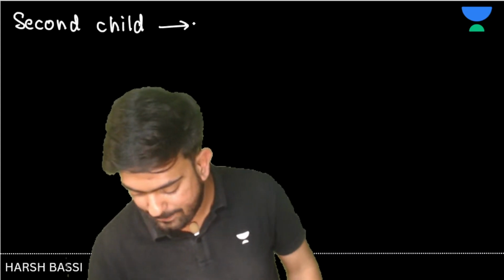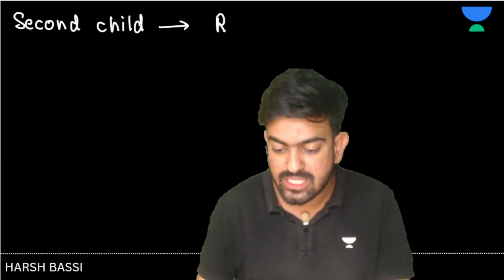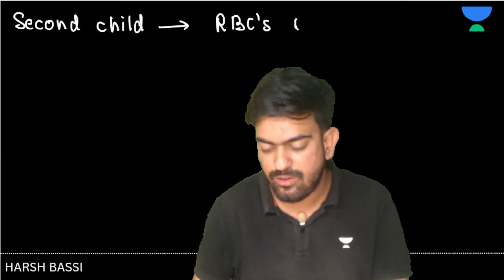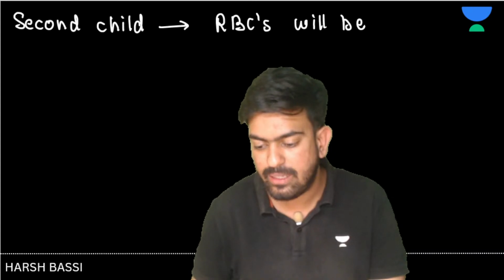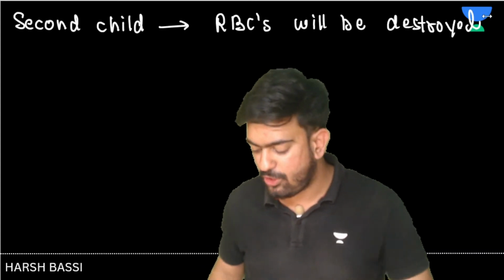Now what happens if they are going to have the second child? The second child's RBC will be destroyed by the mother. Yes or no?